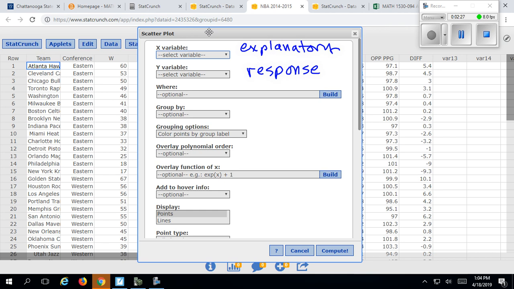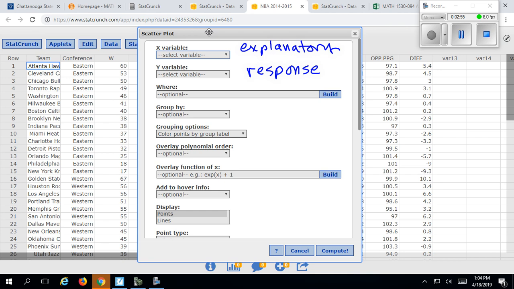So if I knew that a team scored a lot of points per game, then that might mean that they win a lot more games, right? So the question is, do we think that points per game explains how many wins they have, or do we think the number of wins explains how many points per game they score? Which one do we think affects the other? Yeah, their points per game is resulting in the wins.